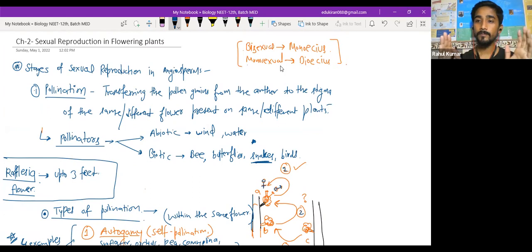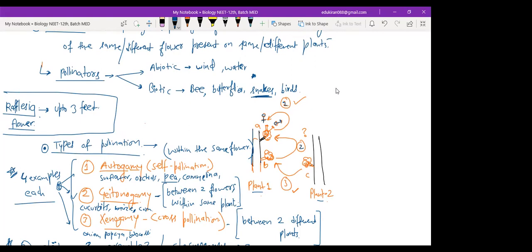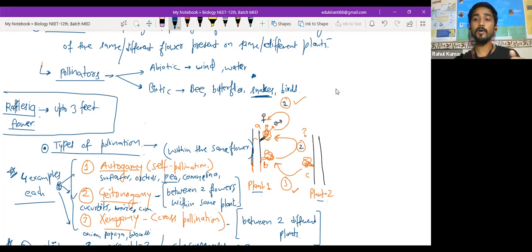No, they can never undergo self-pollination because plant A of that species will only have anther, anther, anther. All the flowers will have anther. And the other plant, which will be the female plant, will have all pistil, pistil, pistil. Is it clear? Yes. So all they have to do is cross-pollination. They can never have self-pollination and they can also never have geitonogamy, which is between two flowers within the same plant. Yes?